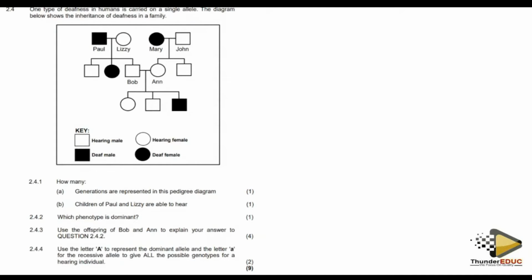They are not saying that this is caused by sex linkage. So if it is not showing you that it is caused by sex linkage, then I have to keep it the way it is. You are not supposed to use X and Y.